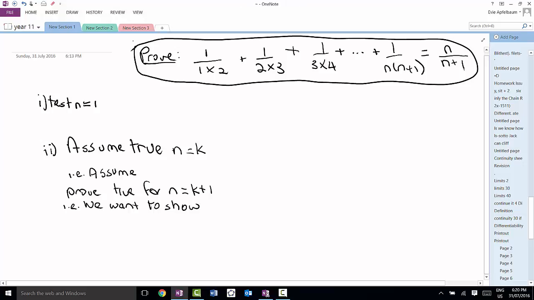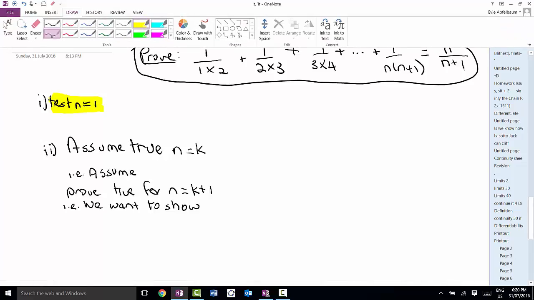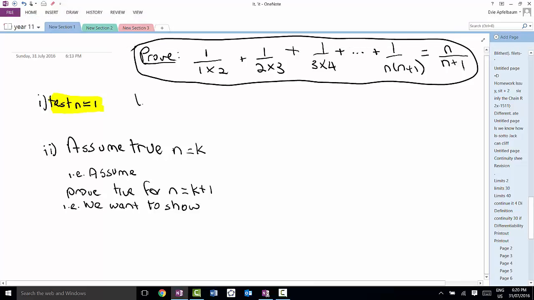And some things we write in every proof. So we will always start off by testing n equals 1. So it's good to have this structure in your head. In this case, when we do that, we say left-hand side, well, in the first instance, is going to be 1 over 1 times 2.